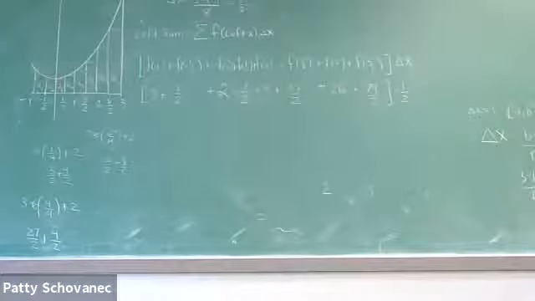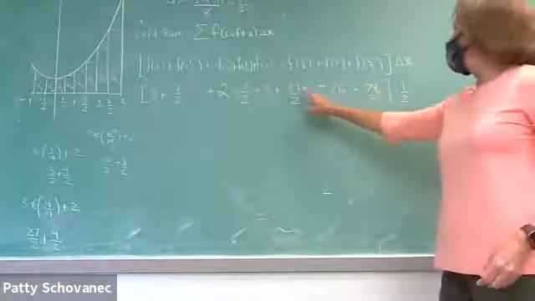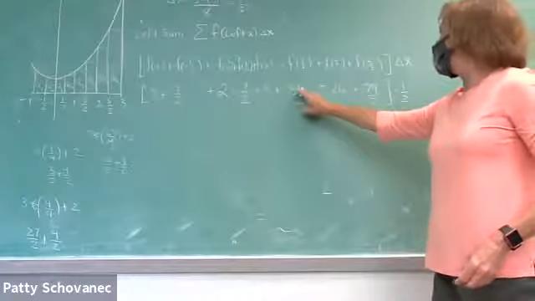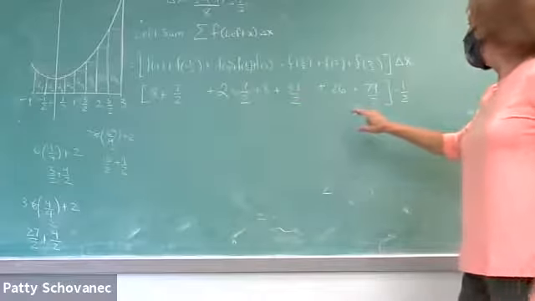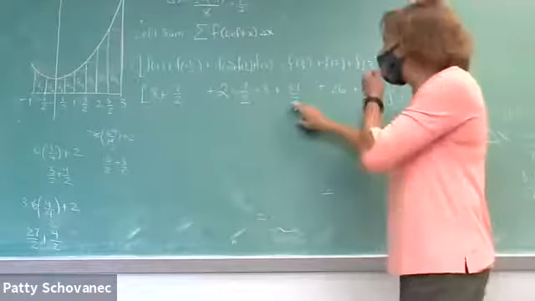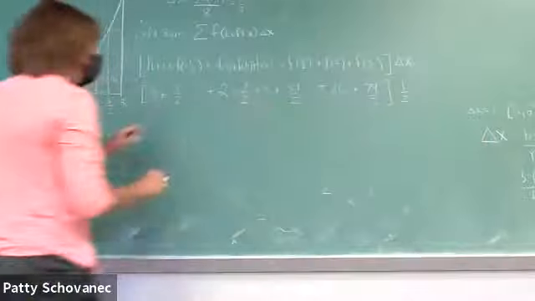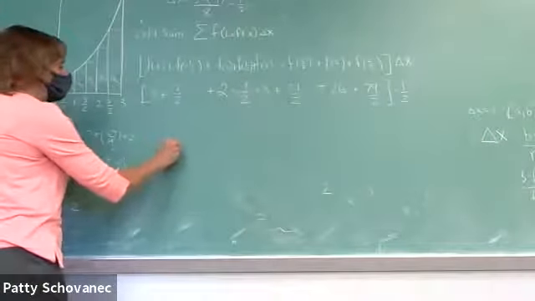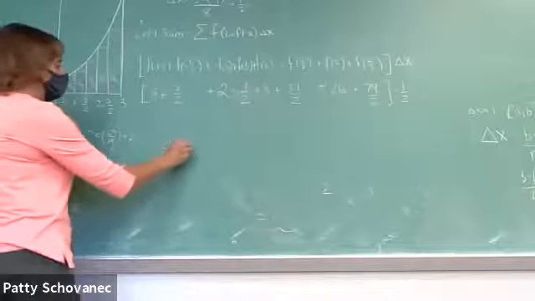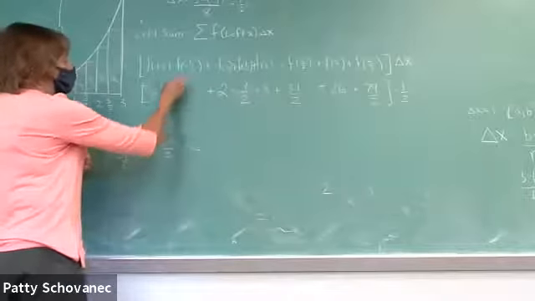All right, let's add them up. Let me do the halves first. 79 plus 31, that makes 80, 90, 100, 110. So that's 110 over 2 plus 14 over 2 is 124 over 2, which gives me 62, I think.